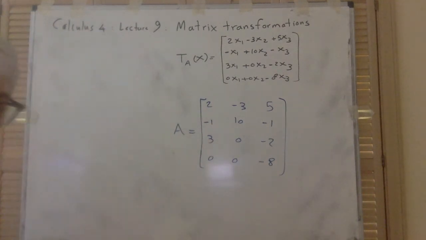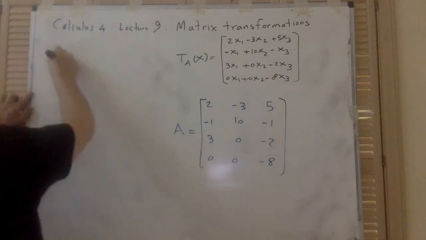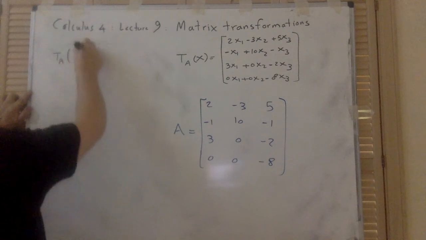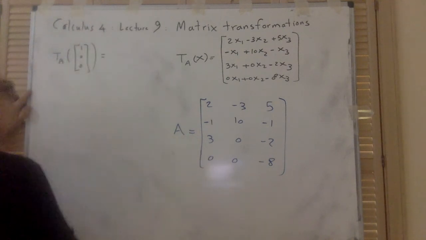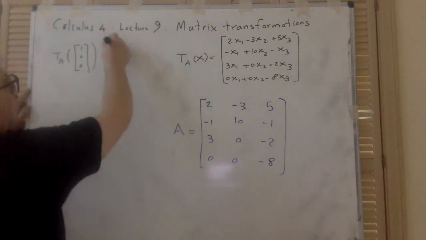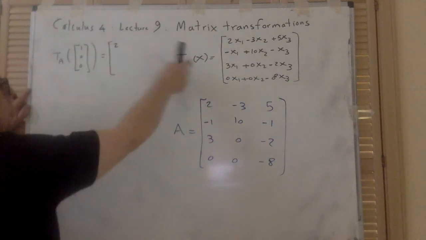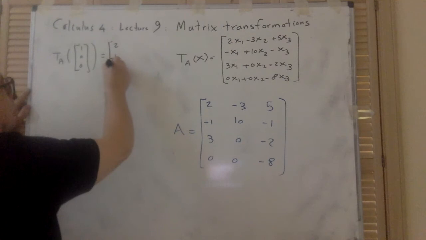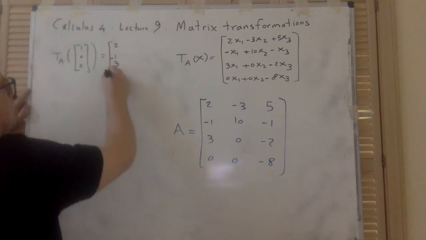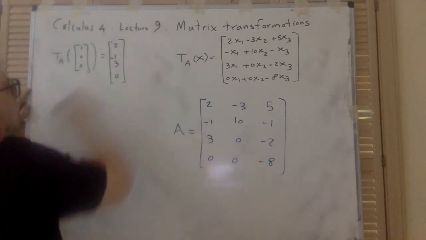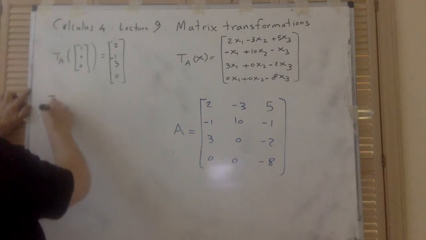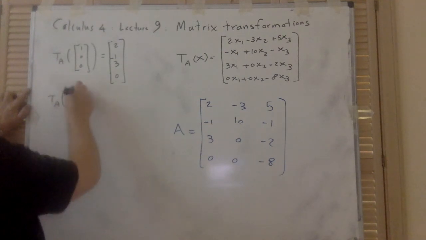So TA applied to 1, 0, 0 will give me what? The first, these are all 0. So I will get 2 here, minus 1 here, 3 here, and 0 here. Right? Then TA applied to the second one, 0, 1, 0.